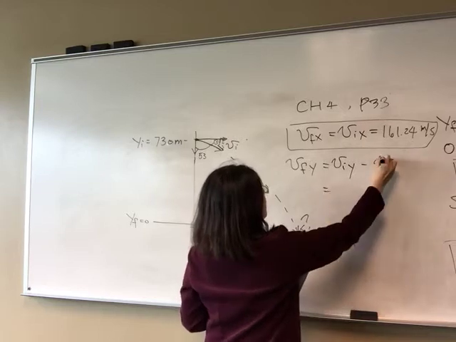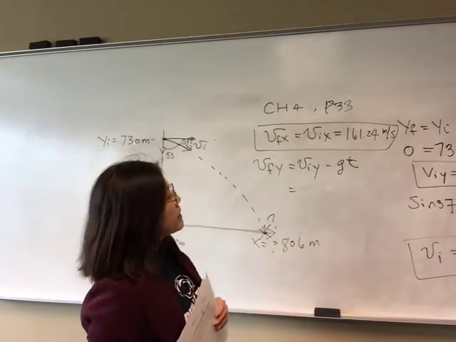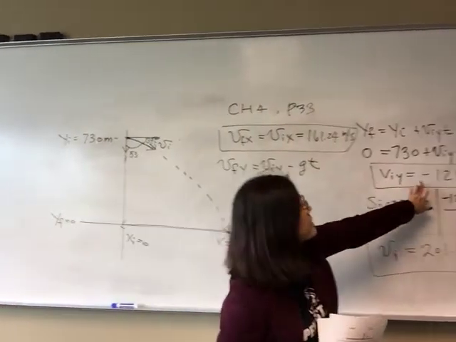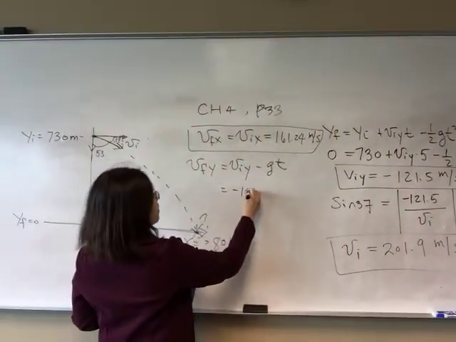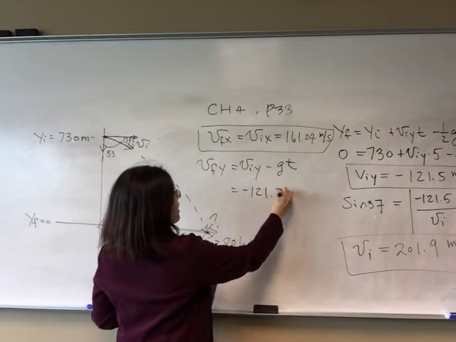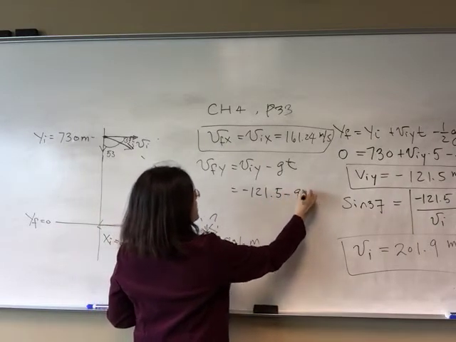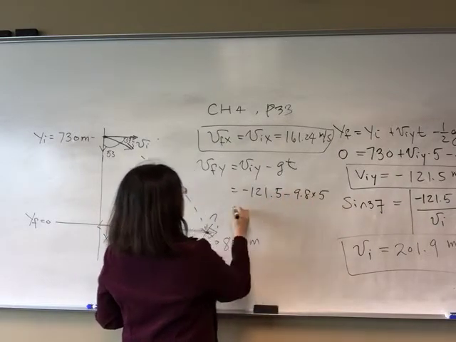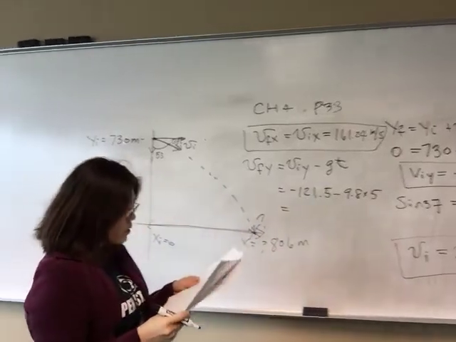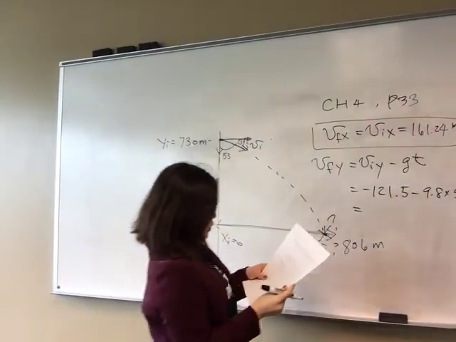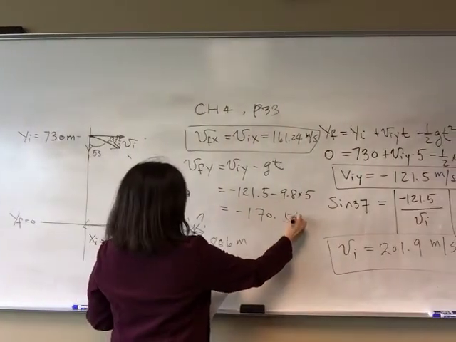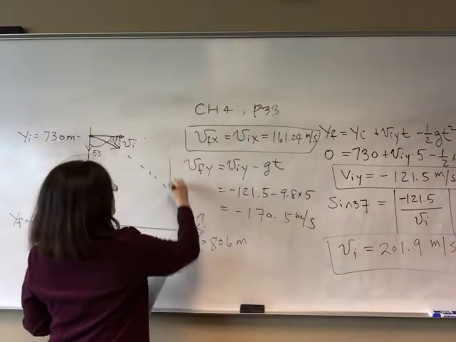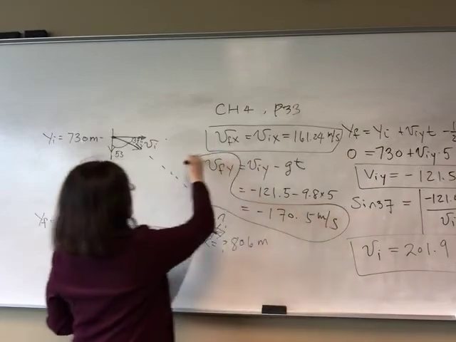Your initial velocity in the vertical direction is already negative, so you put down negative 121.5 minus 9.8 times 5 seconds. So you find the velocity in the vertical direction is equal to negative 170.5 meters per second. Okay, so that's your final velocity in the vertical direction.